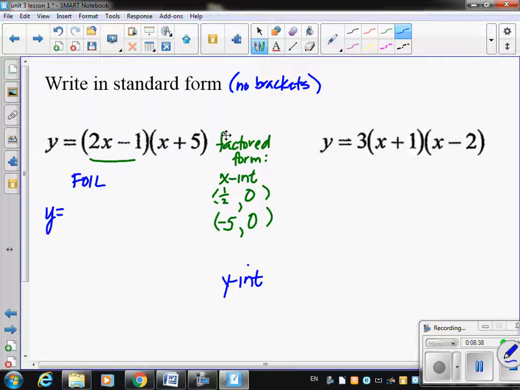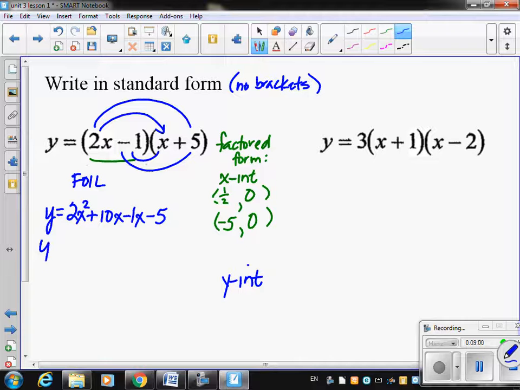So with FOIL, I do my firsts, 2x times x, 2x squared. My outsides would be 2x times 5, plus 10x. My insides, negative 1 times x is negative 1x. Negative 1 times 5 is negative 5. Collect like terms, 2x squared plus 9x, subtract 5.